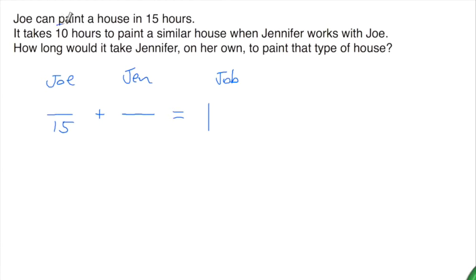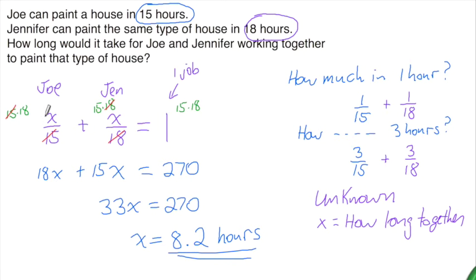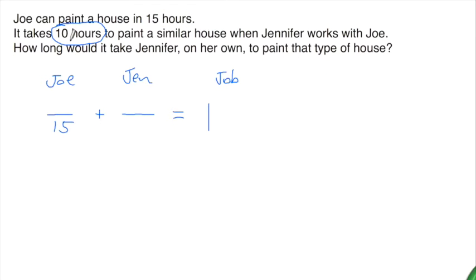So this 10 hours, this working together, if we go back to the previous problem, the x that we were solving for was the working together, and they were exactly the same in these two positions. So this 10 hours where they're working together would go in these two positions.